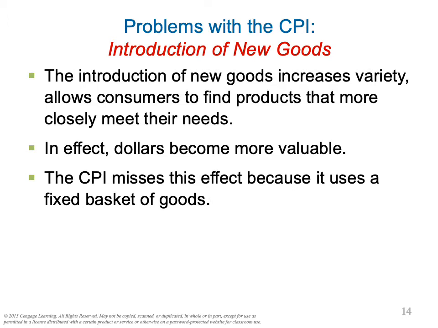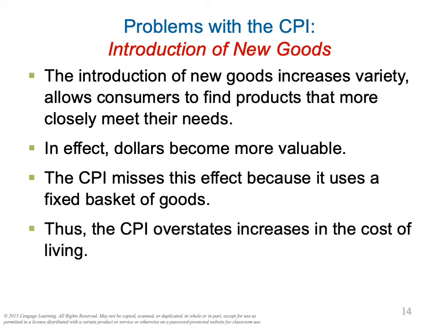Well, as it turns out, the CPI misses this effect too, because it again uses a fixed basket of goods, and again it's leading to an overstatement in the increase of the cost of living. So in both cases, with substitution bias and with the ignored introduction of new goods, CPI is overstating the cost of living.